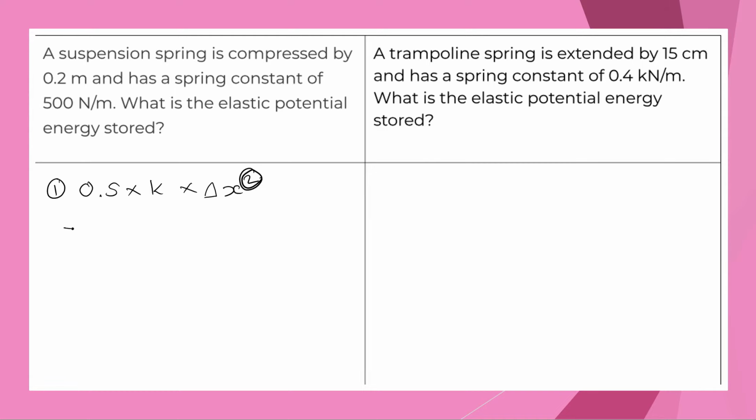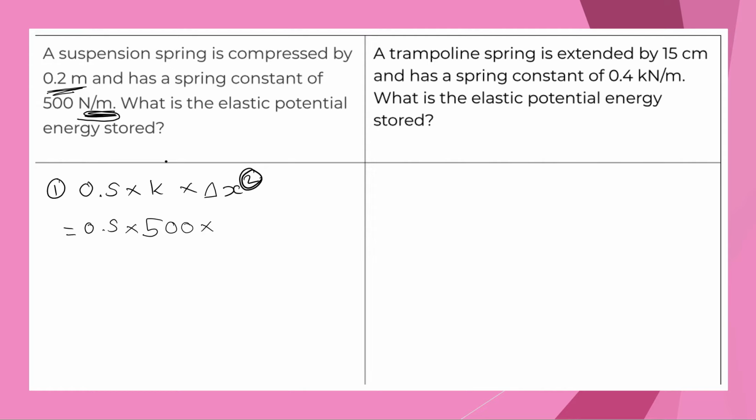So we have 0.5 multiplied by the spring constant, which is in the correct units, newtons per meter, so 500, multiplied by the change in stretch squared. The change in stretch is 0.2 meters because it's being compressed by 0.2 meters.